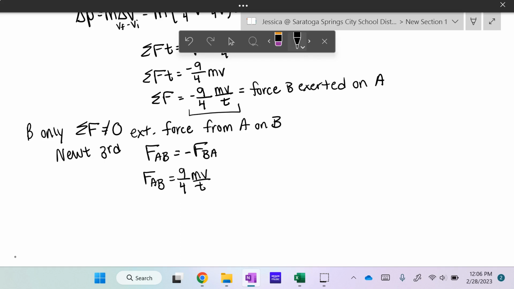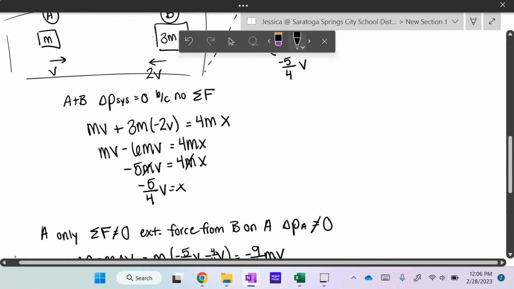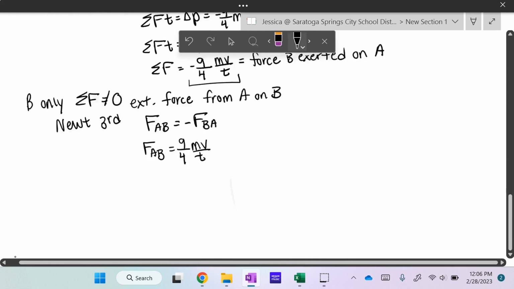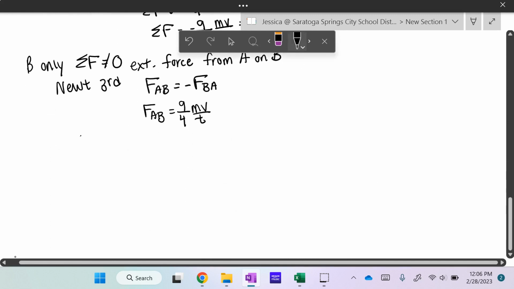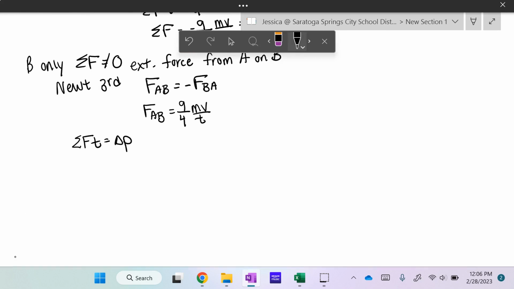So I could use that to then verify the V final that I found before, to verify the negative 5/4 V for B, using the idea of impulse and momentum. That force times time is change in momentum. Okay. Well, the force that I found would be 9/4 mv over t, and that gets multiplied by t. Okay.